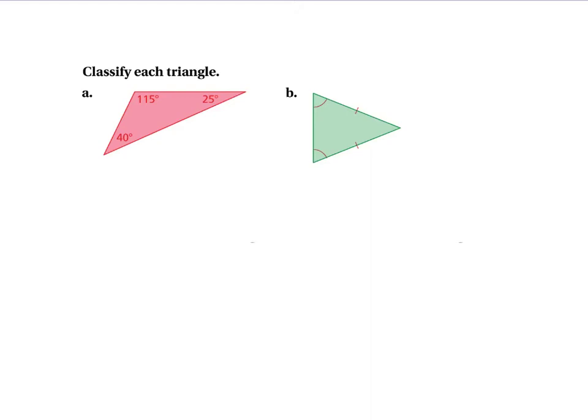Look at letter A here. I've got three angles, 40 degrees, 115, and 25. That would make it obtuse because the 115 is greater than 90 degrees. If we look at the sides, there aren't any congruent sides. You might ask how I know that. There is not anything here that tells me that.